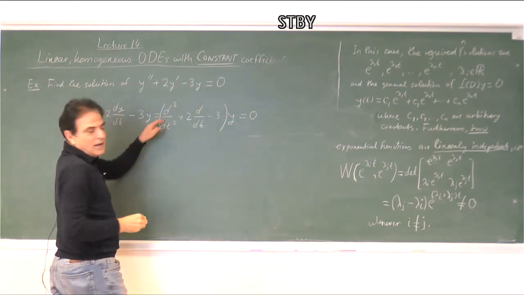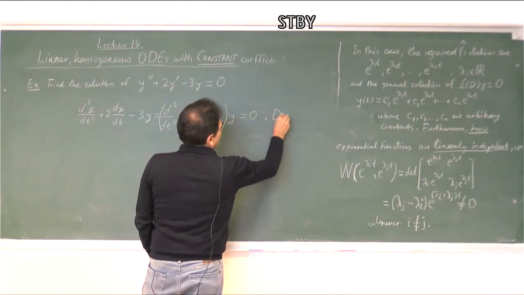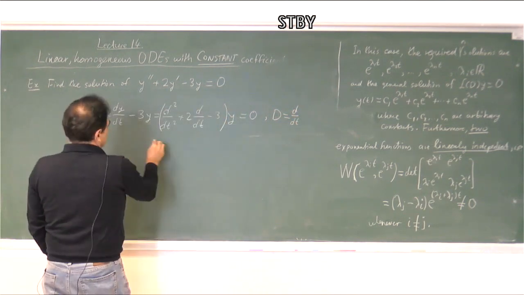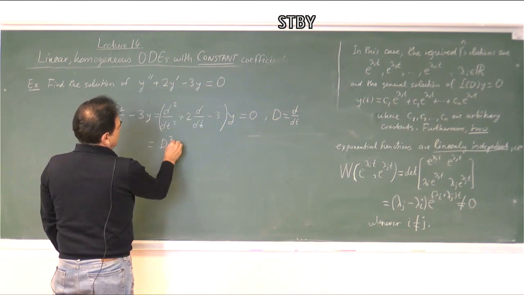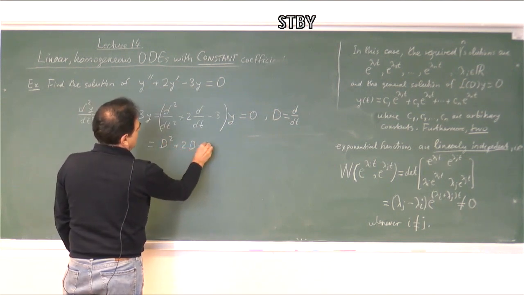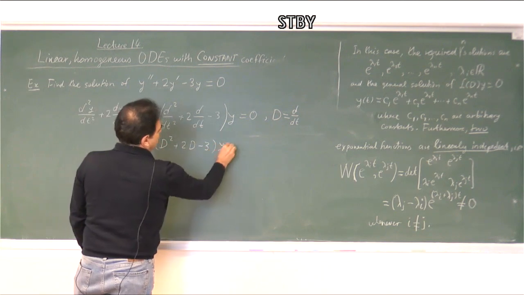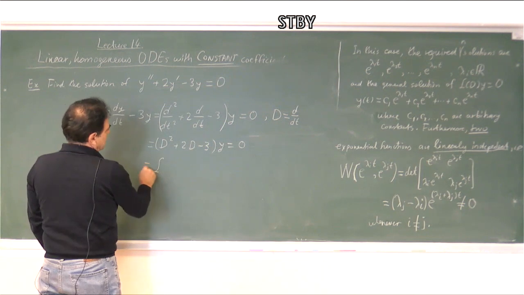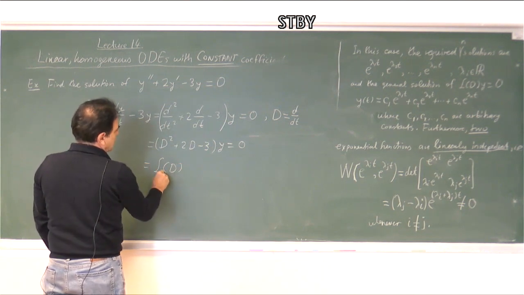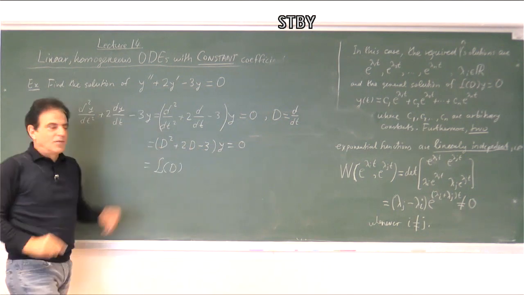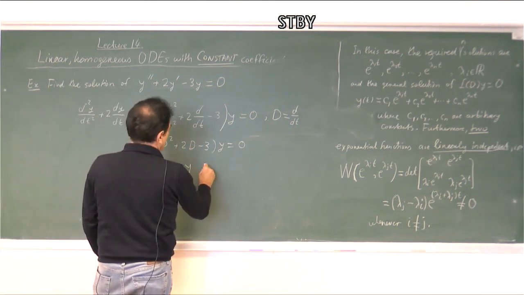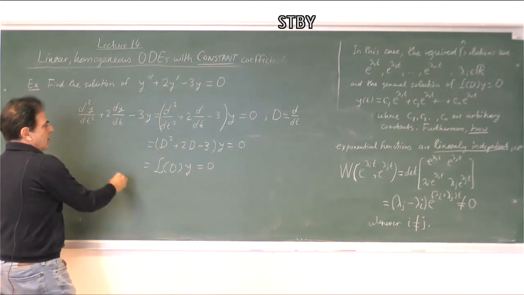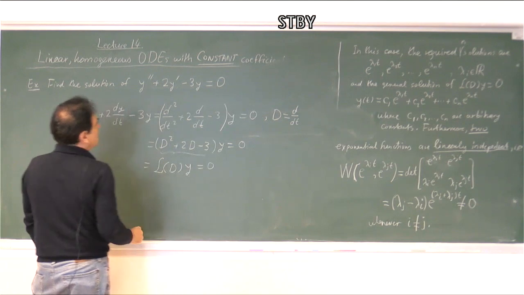Recall that by d, we denote the derivative operator with respect to t. So the equation takes the form (d squared plus 2d minus 3)y equal to 0. As you see, this is nothing but L of d, the differential operator, L of d applied to y is 0.